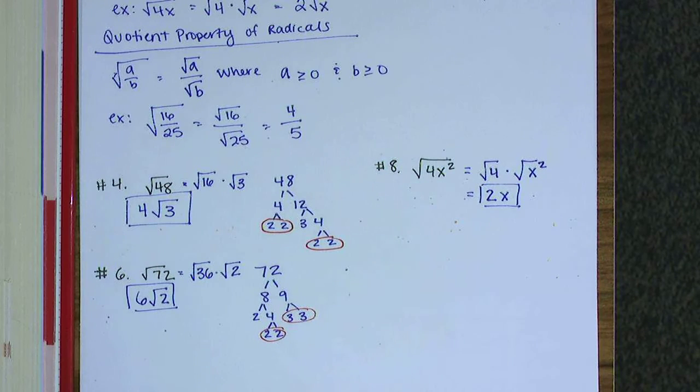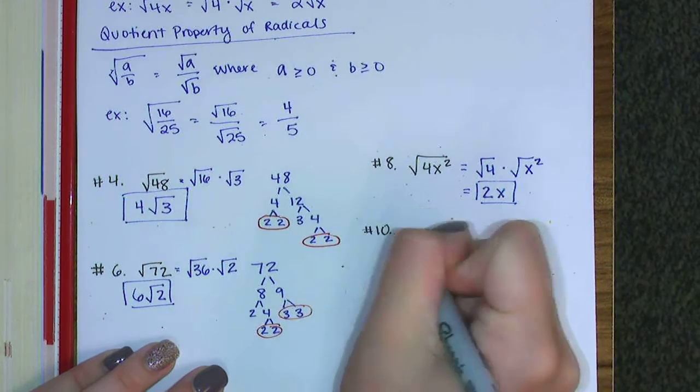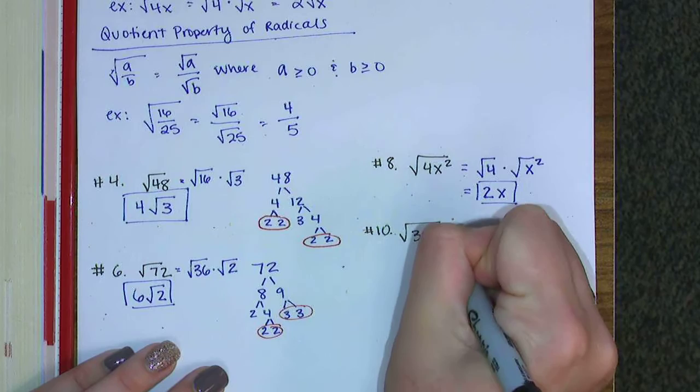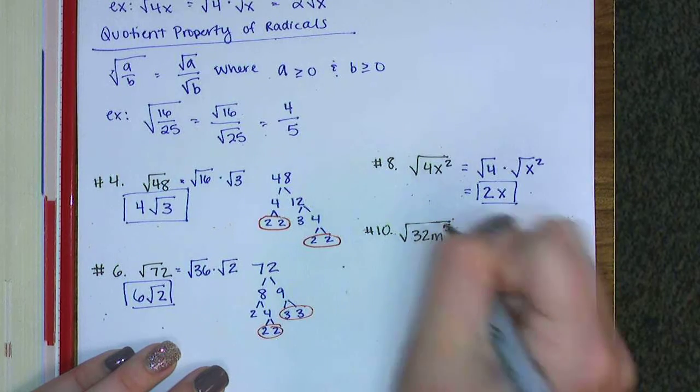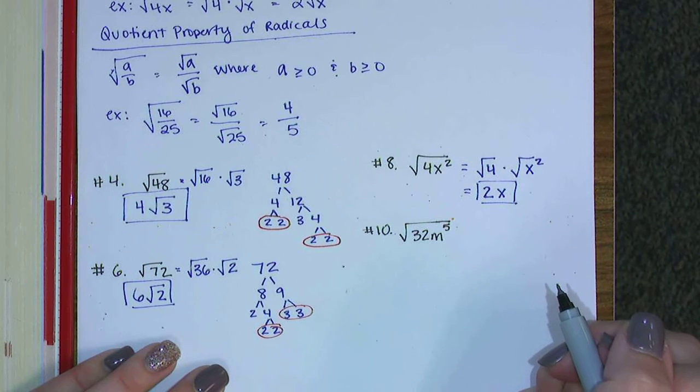Let's see. Number 10. Alright, so number 10 is the square root of 32m to the 5th. So, my recommendation, well, you have a couple options.